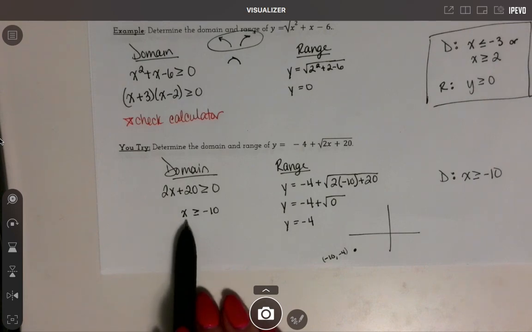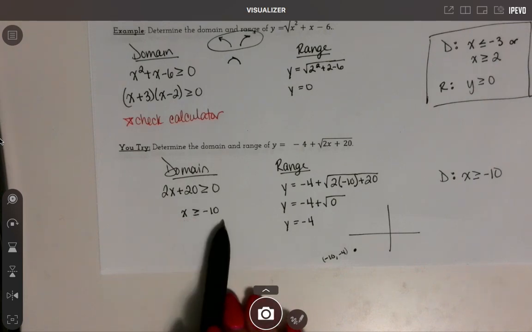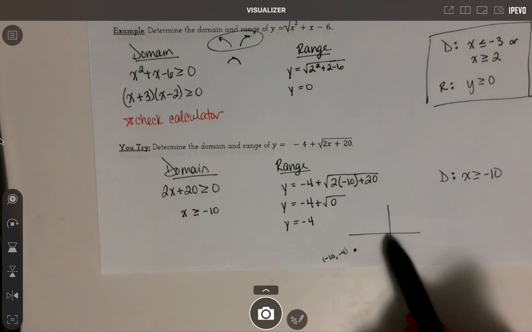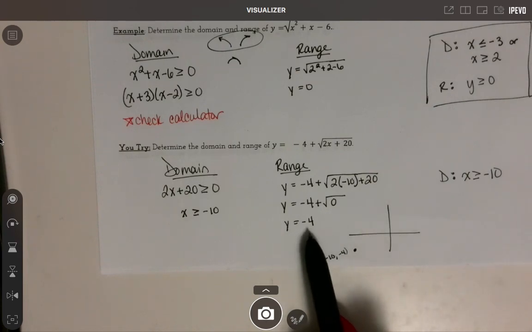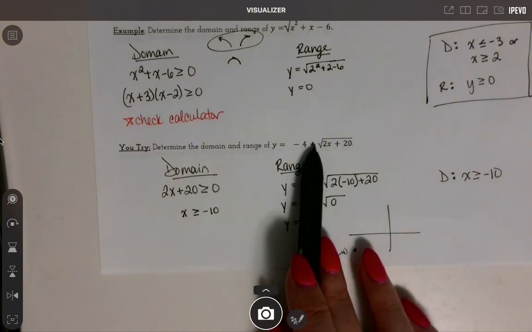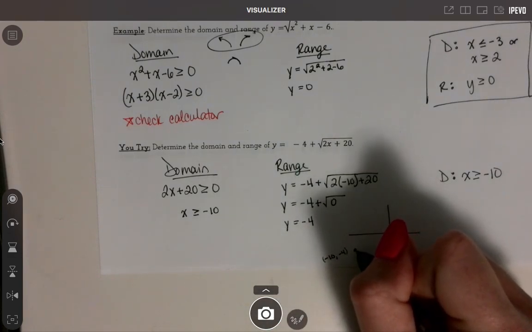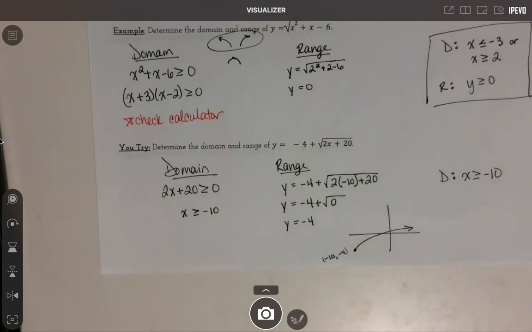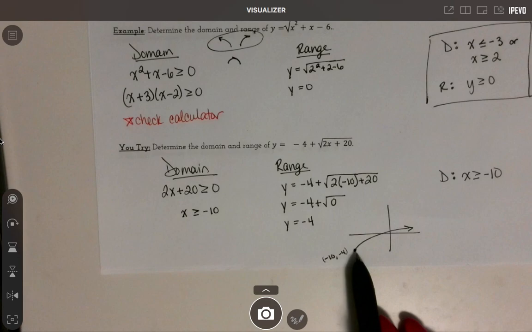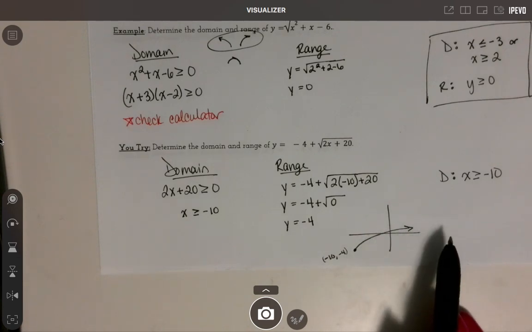Since my x values for my domain have to be greater than -10, I know it's going to be going to the right. And I don't have a negative in front of my radical, so it did not get reflected. So it is going to be going up and over. So my range should be y is greater than or equal to -4.